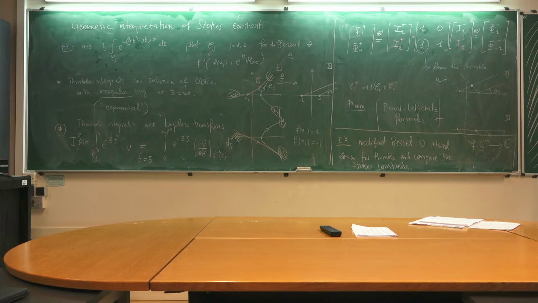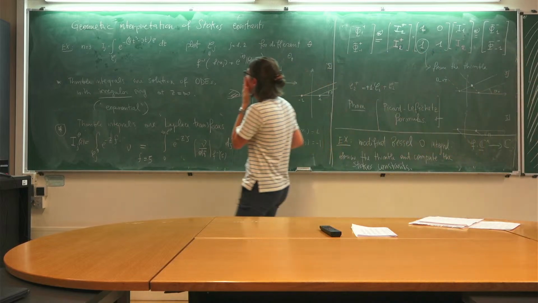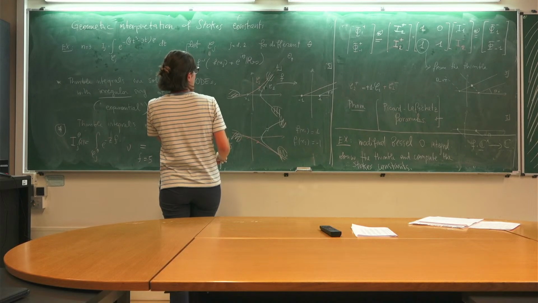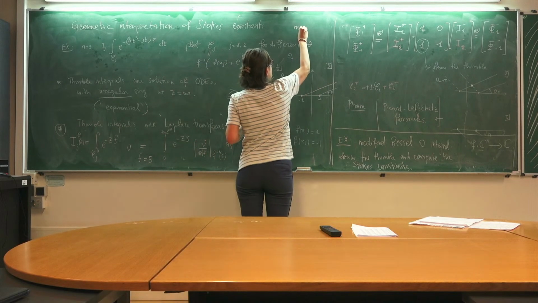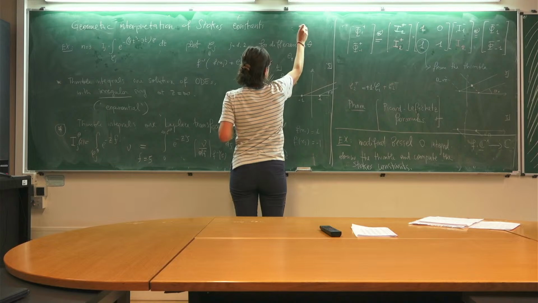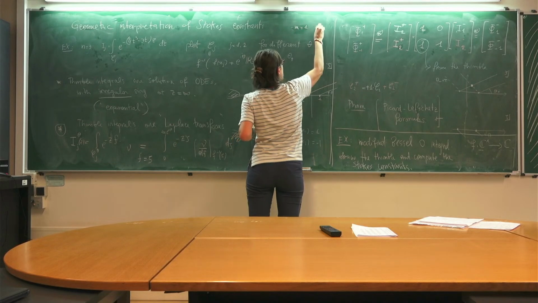Questions, comments? Yeah. This is Bessel 1/3, with my parameters M and N, M equal to 1 and N equal to 3.